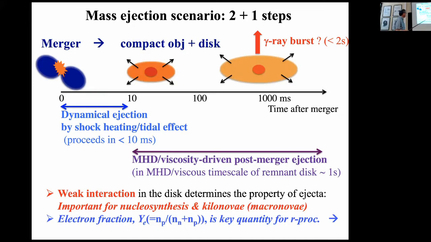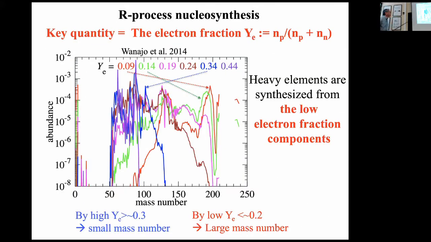Another important thing is that Y is controlled by weak interaction, because these two elements are related by beta decay. So weak interaction also plays a very important role in studying nucleosynthesis. This is one very clear piece of evidence that Y is very important.